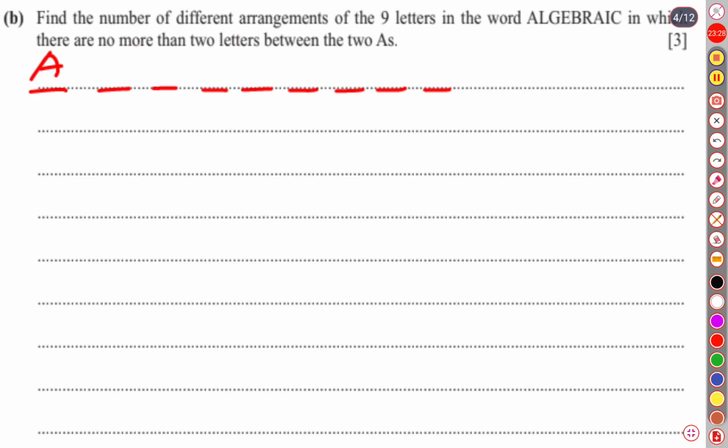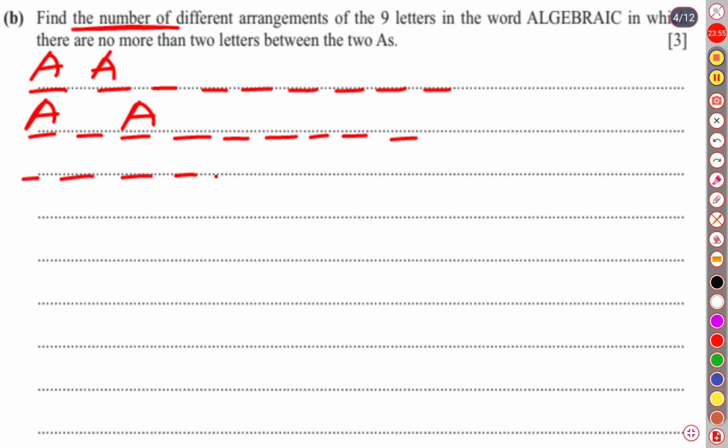They have told that it cannot be more than 2 letters, so there may be no letters, 0 letters. Then for the second case, 1, 2, 3, 4, 5, 6, 7, 8, 9, among these 9 letters, there may be only 1 letter in between the A's. What may be the third case? 1, 2, 3, 4, 5, 6, 7, 8, 9.